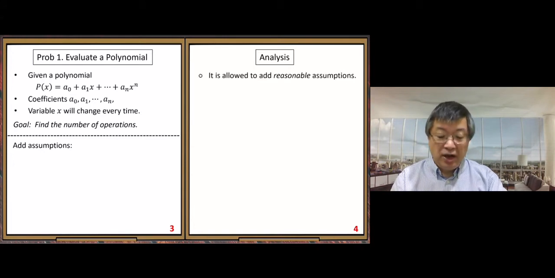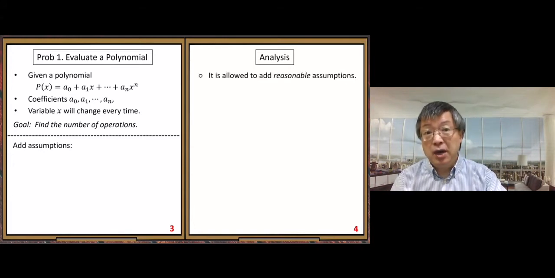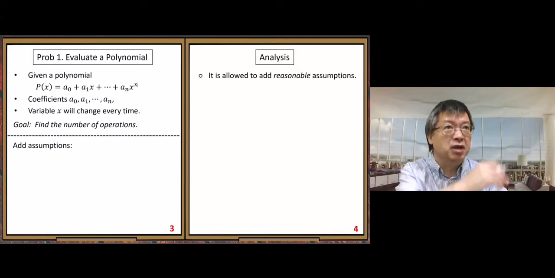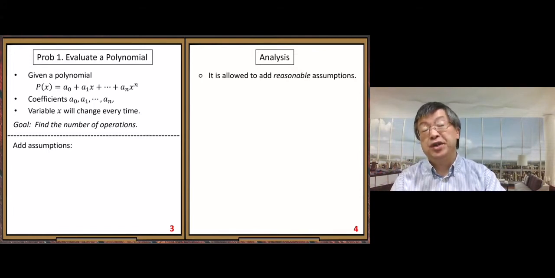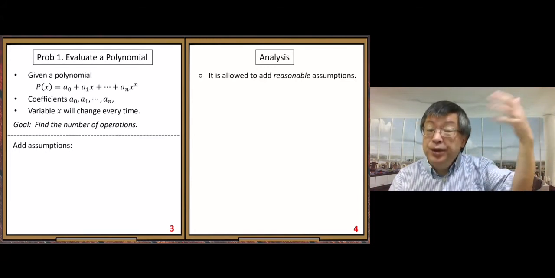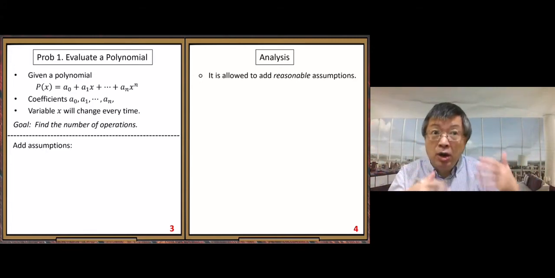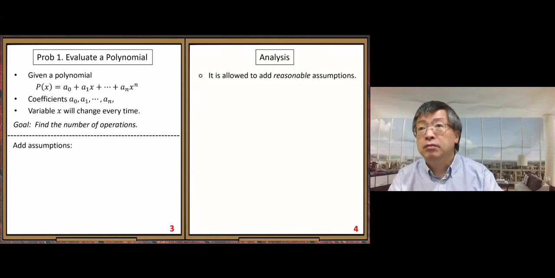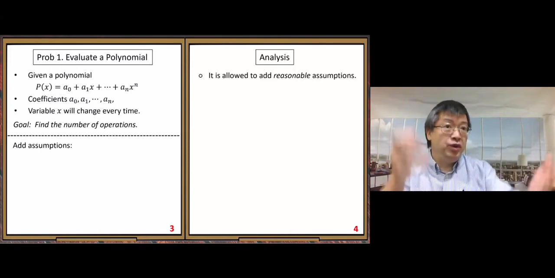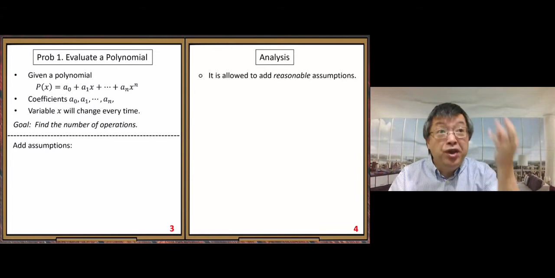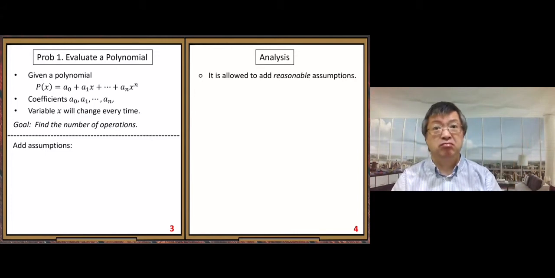In problem solving, it is allowed to add reasonable assumptions, because our goal is to solve that computing problem. To that end, we may need to set up our computing environment. When we do that, we make some reasonable assumptions.